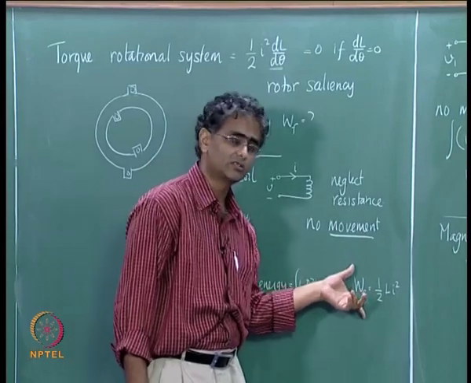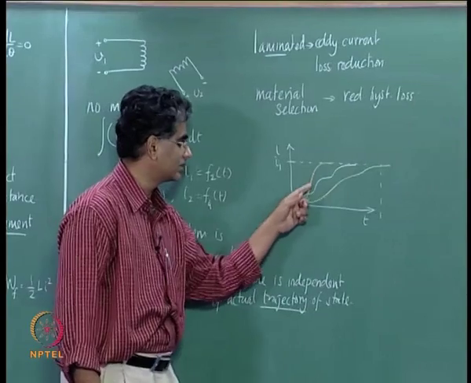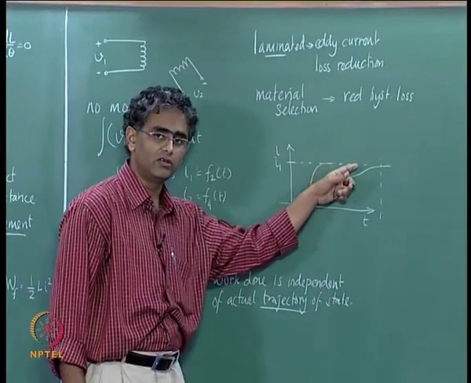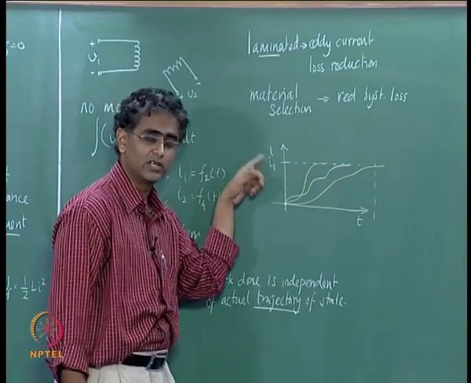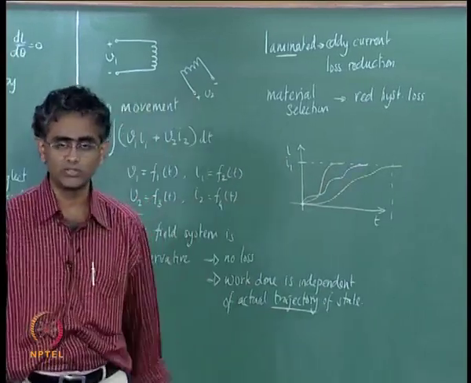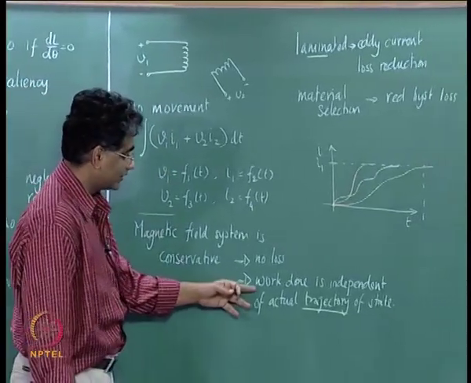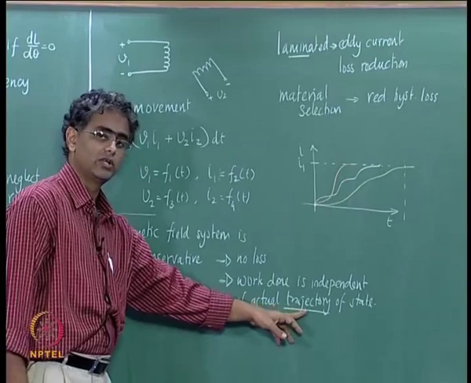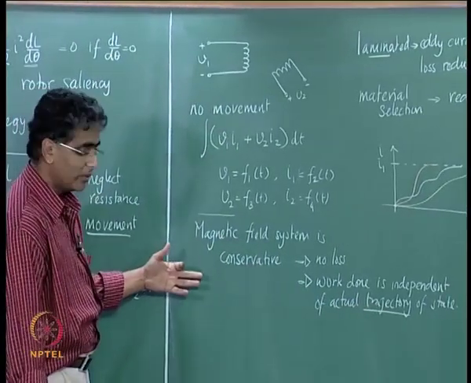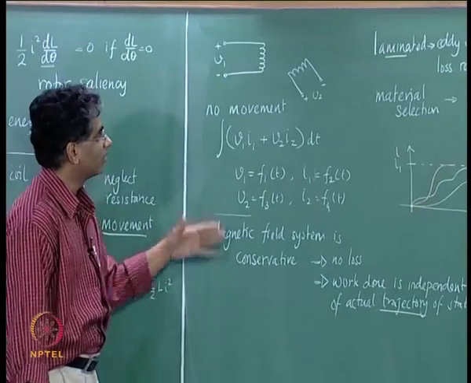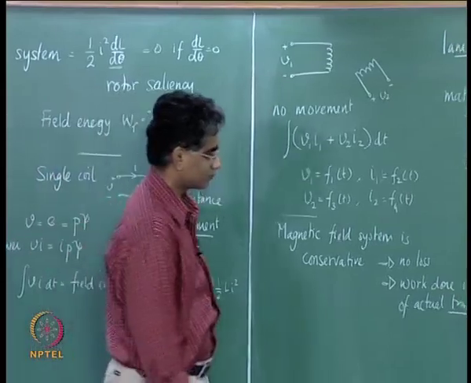That means the energy stored in the field is independent of how this current actually reaches the value of I1. It only depends on where it has reached. If it has reached I1, half L I1 squared is the energy. We make use of this idea in order to derive the energy for this system also.